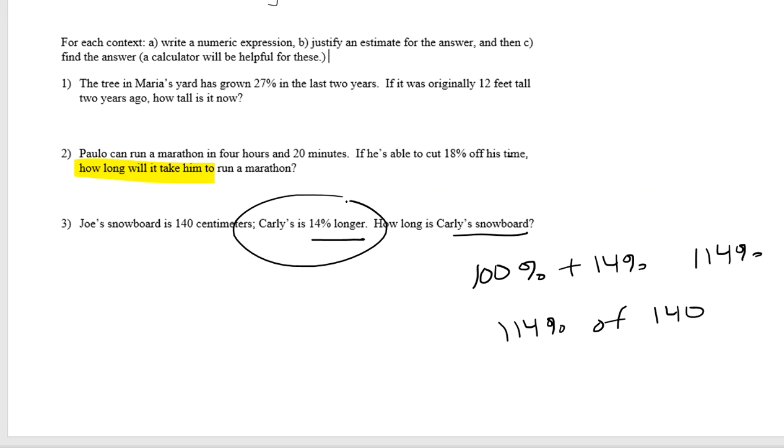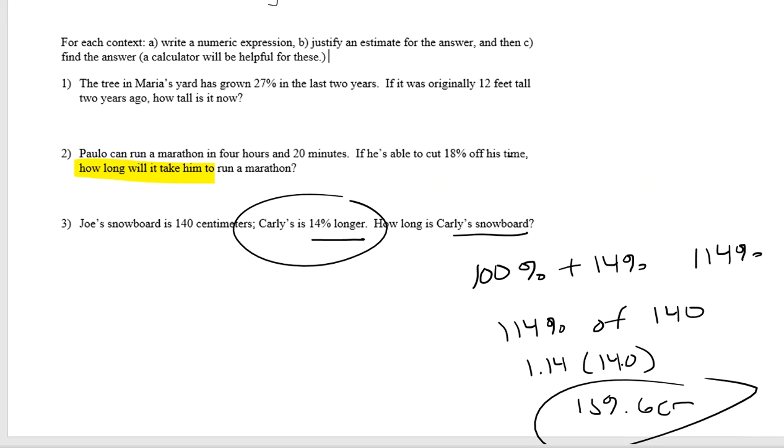Because Carly's is 14% longer. So now we would change the 114% to 1.14. We would then multiply that by 140, and we get the same answer of 159.6 centimeters. So either way works. I want you guys to use whatever makes the most sense to you in these situations.